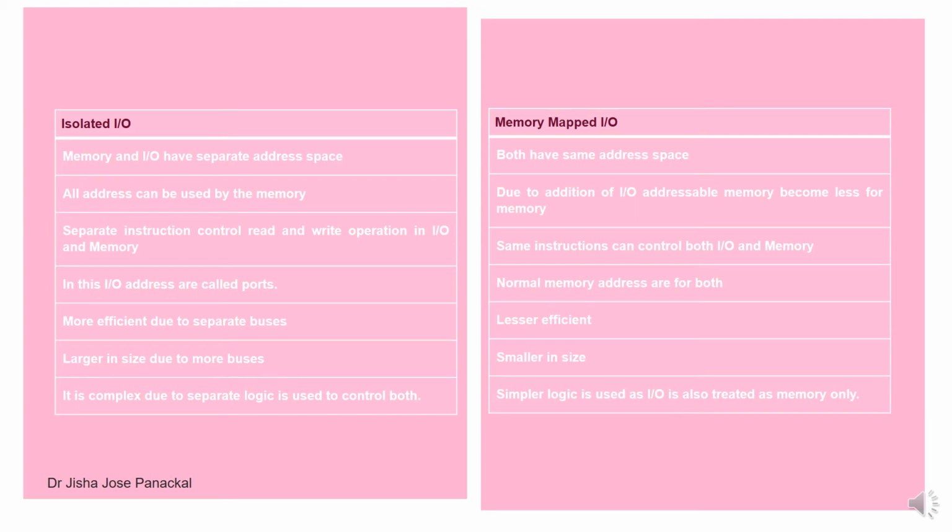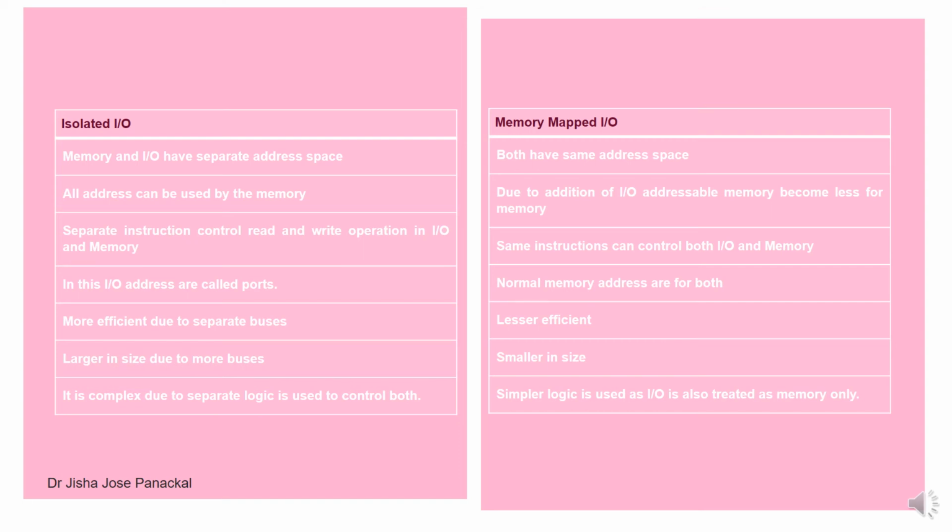In isolated IO, the IO addresses are called ports. Normal memory addresses are used for both memory and IO devices in memory mapped IO. And isolated IO provides more efficiency due to separate buses, while memory mapped IO provides lesser efficiency.